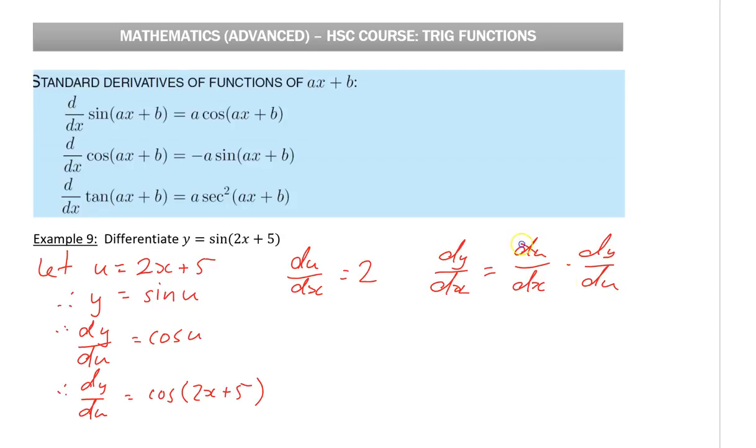The du's cancel out there, kind of, and I'm left with dy by dx. It just happens that du by dx is 2, times dy by du, which is cos(2x plus 5). So 2 cos(2x plus 5), just the same as the standard one suggests to us.